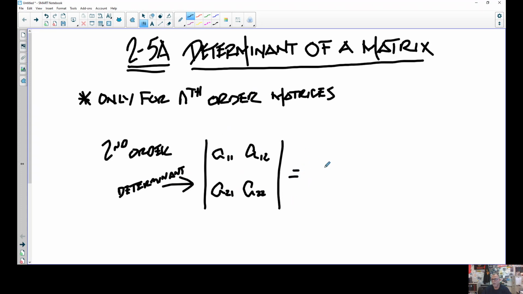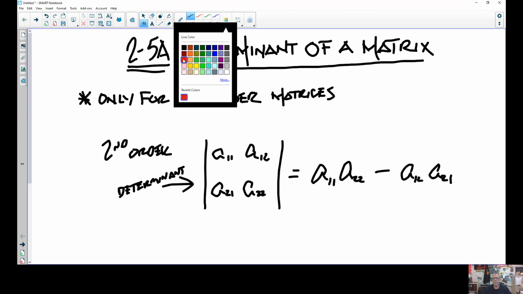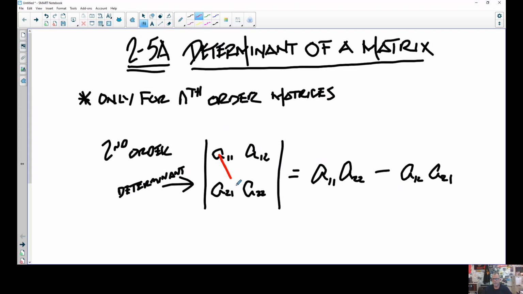And how do we find this? We find it by doing A11 times A22 minus, always minus, A12 times A21. Now, every year I talk about this in a different way because people say, well, how am I going to remember that? What I talk about is this.